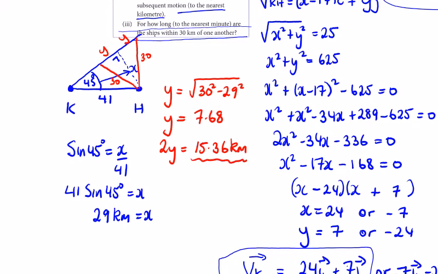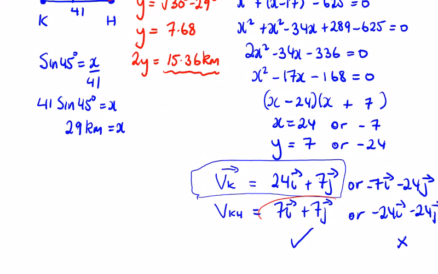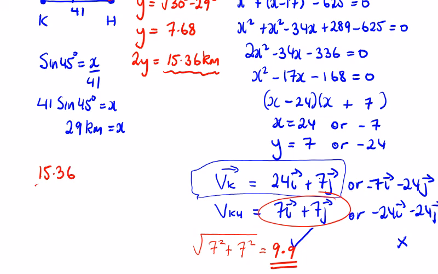Then we're looking for how long, so we need the speed that they're going. We have distance, we need speed to get time. So the magnitude of the velocity, the square root of 7 squared plus 7 squared, is the square root of 98, which is 9.9. So we divide 15.36 by 9.9 to get the time.